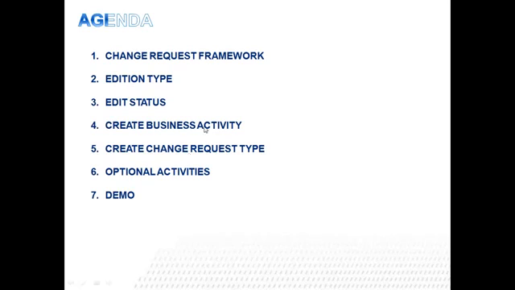Business activity is something I wanted to explain in process modeling instead of in the earlier overview session. We also look at how to create the change request type and optional activities. Some optional steps are also there; we can move on without doing those steps, but we will look into them too, and then we start with the demo.